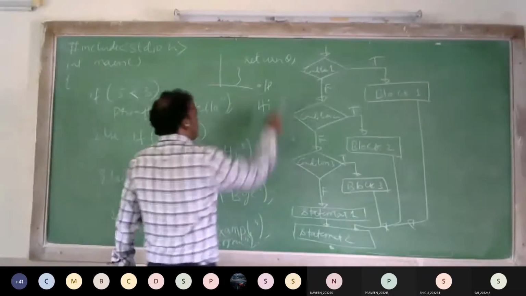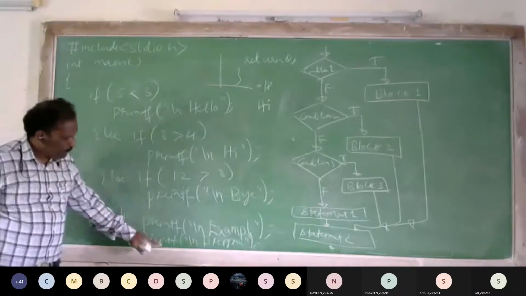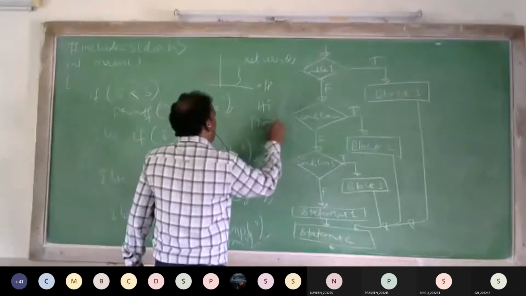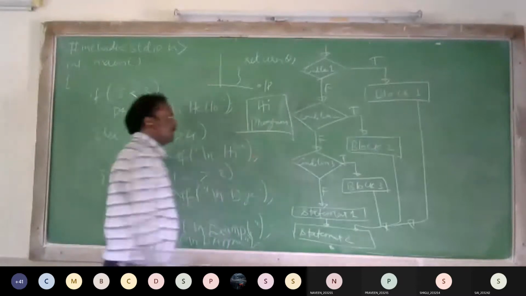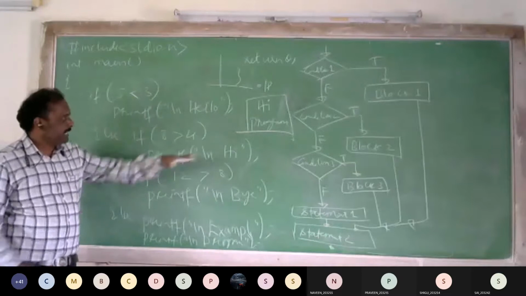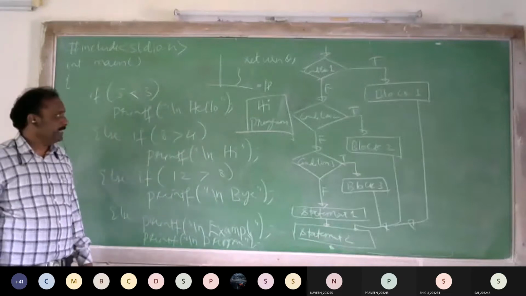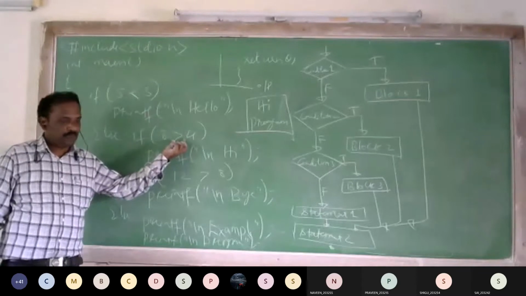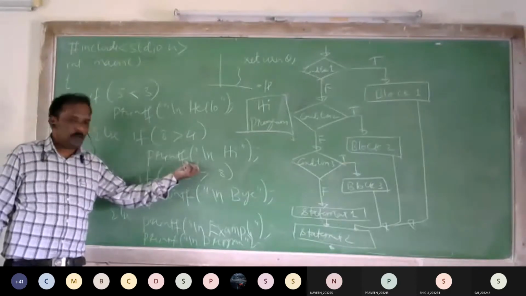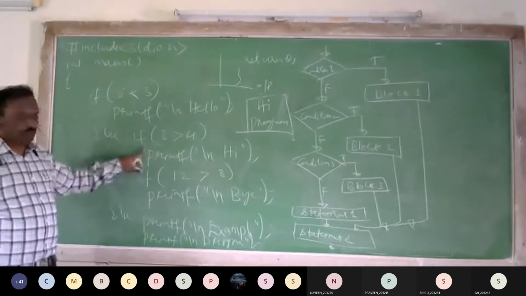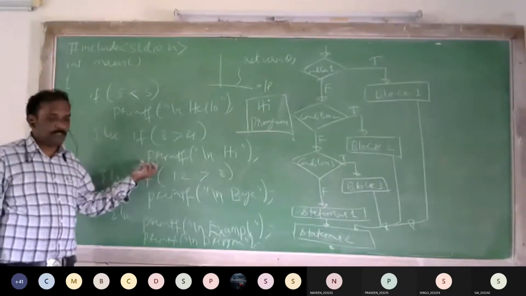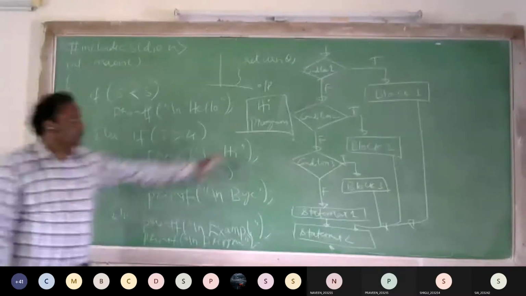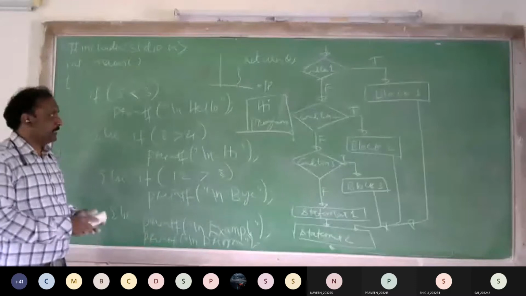Block 2 output is hi, and statement 2 is program. So the output of this program is hi program. Since condition 1 is false, only then it tests condition 2. Since condition 2 is true, block 2 executes. If you want to write many statements, use the flower braces. If there is a single statement, there is no need to use the flower braces.